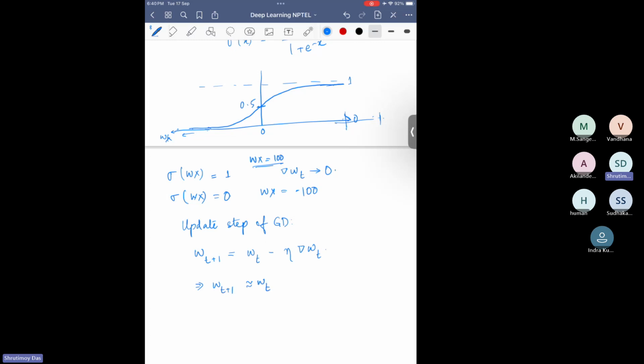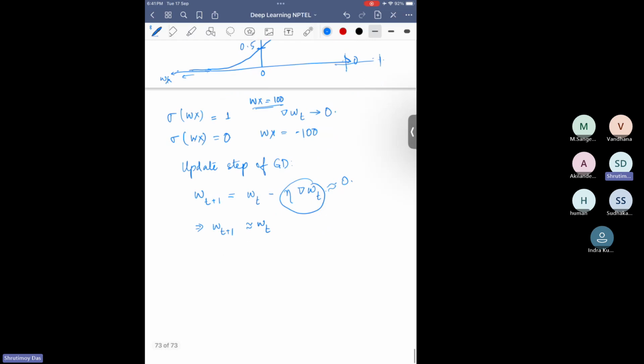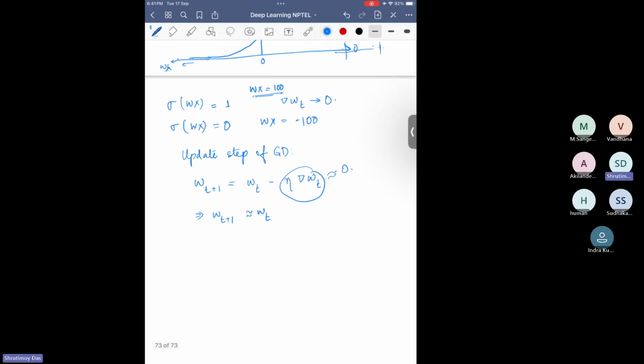That means you are not updating anything, because your gradient goes to 0, and this quantity goes to 0. So your gradient descent in this case is not working at all, right?